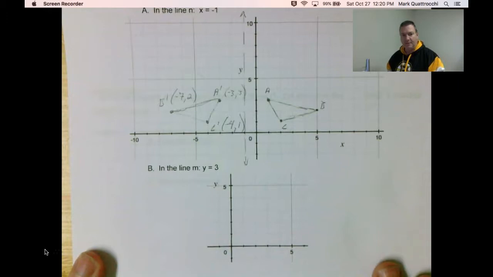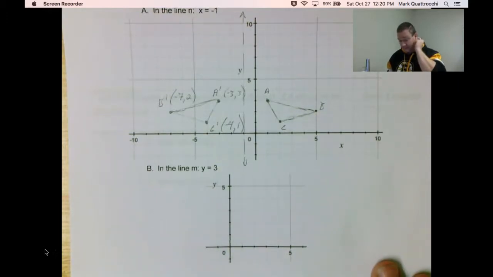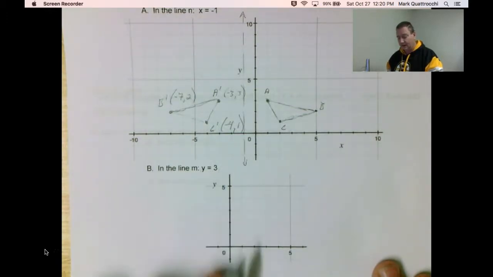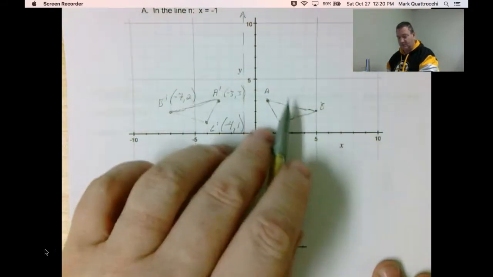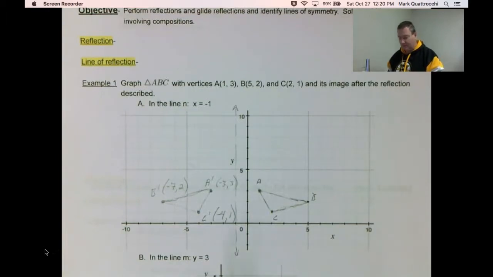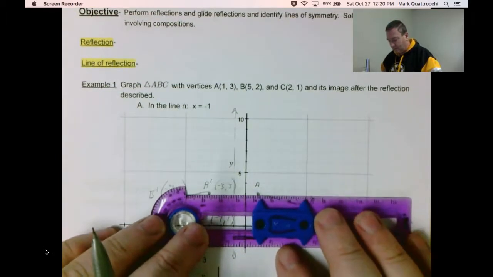Example 1, part B. We're going to reflect this same triangle, but in the line y equals 3. So I'm actually not going to use this graph. I'm going to do this one up here. So the line y equals 3 is right here.